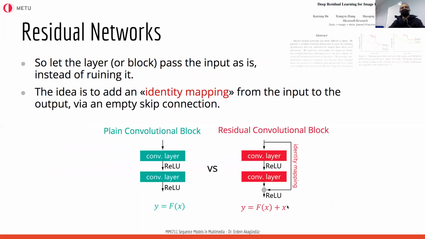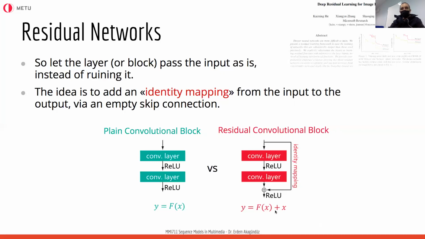If you compare the residual convolutional block to a plain convolutional block, the only difference is this identity mapping. In more complex architectures like U-Nets this is also called a skip connection, because you're just concatenating. Not concatenating actually. Concatenating would mean increasing the depth. We are summing up. We are just adding.